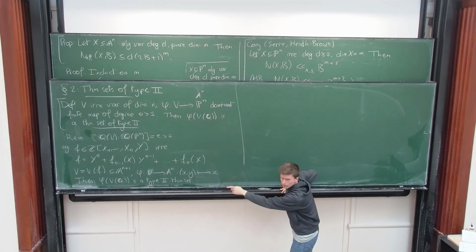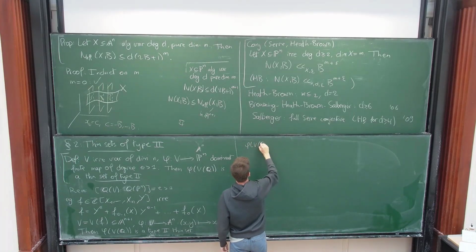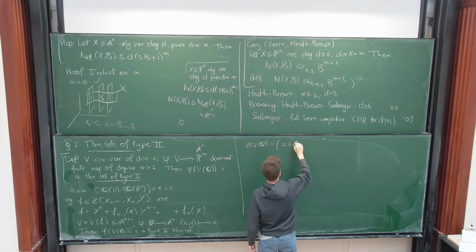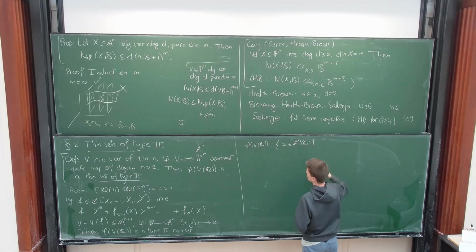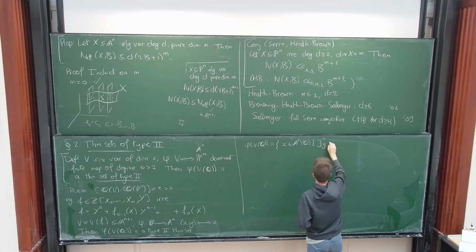But what is this set? This is the set of x's in An(Q) such that if you plug x into this polynomial, it has a rational solution.